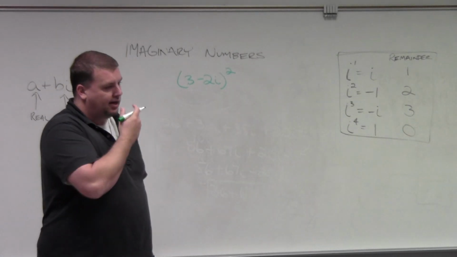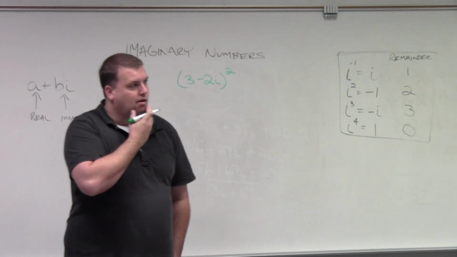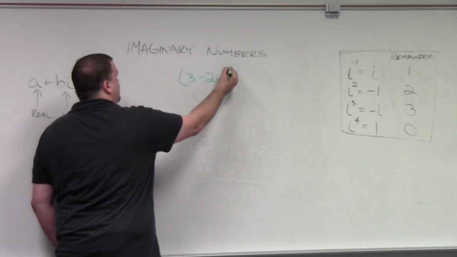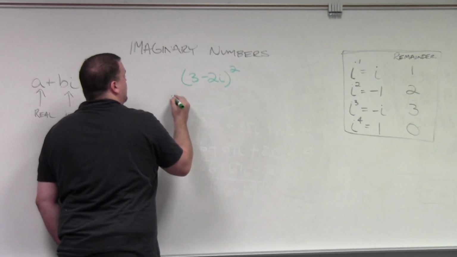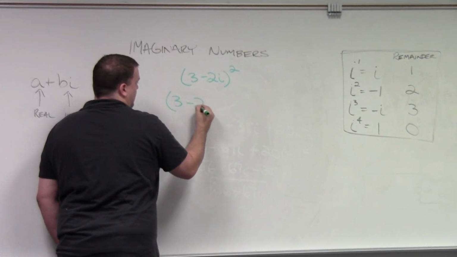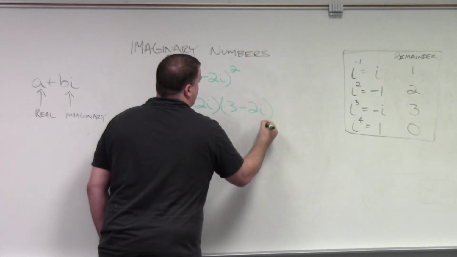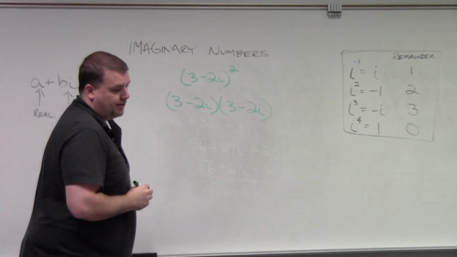What do you think I should do with that? I will FOIL it. Do not make the mistake of just taking the square of each piece. It's a binomial that's squared. So we have to write it twice, and then we're back to FOILing it, like we did in the previous problem.